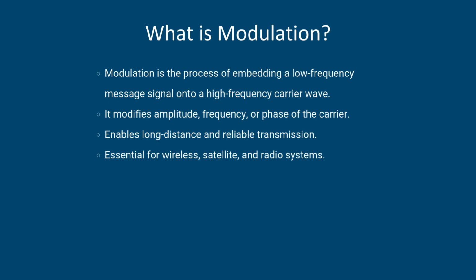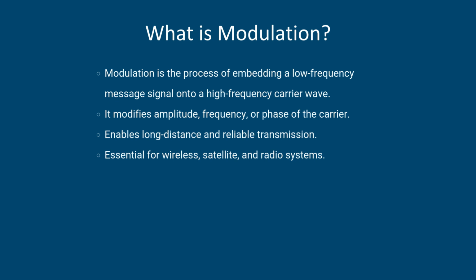Now let us understand what modulation is. Modulation is the process of embedding a low frequency message signal onto a high frequency carrier wave. In simple words, our original data signal cannot travel long distances efficiently.